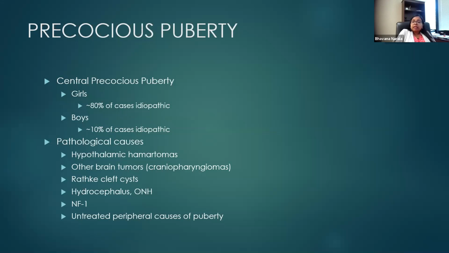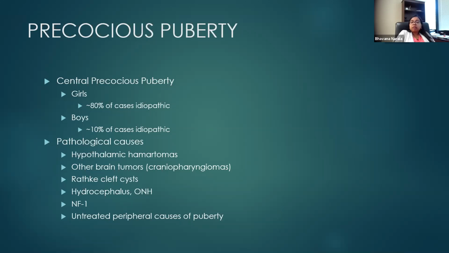In boys, if you have a 5-year-old presenting with precocious puberty, there's a 90% chance there's something going on. Only 10% of cases are idiopathic. So if you were to see an 8-year-old or 7-year-old boy, we are more apt to image those kids or do further investigation versus, say, a 7.5-year-old girl presenting with precocious puberty.